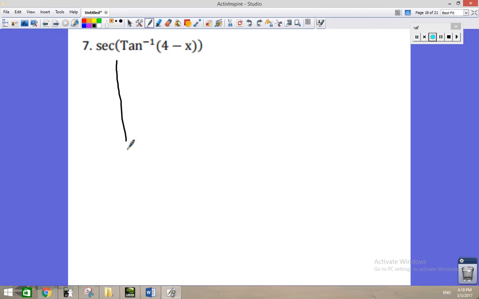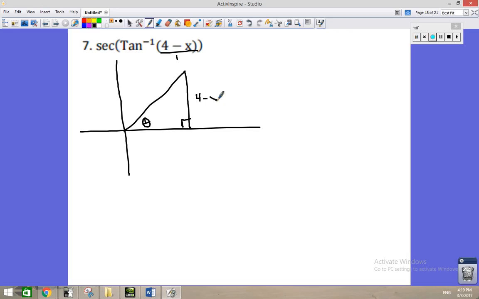Inverse tangent. We can assume that we know that theta is either going to be in quadrant 1 or quadrant 4. I'm going to assume it's in quadrant 1. We'll write 4 minus x over 1. So the opposite leg, let it be the length 4 minus x. The adjacent leg, let it be 1.